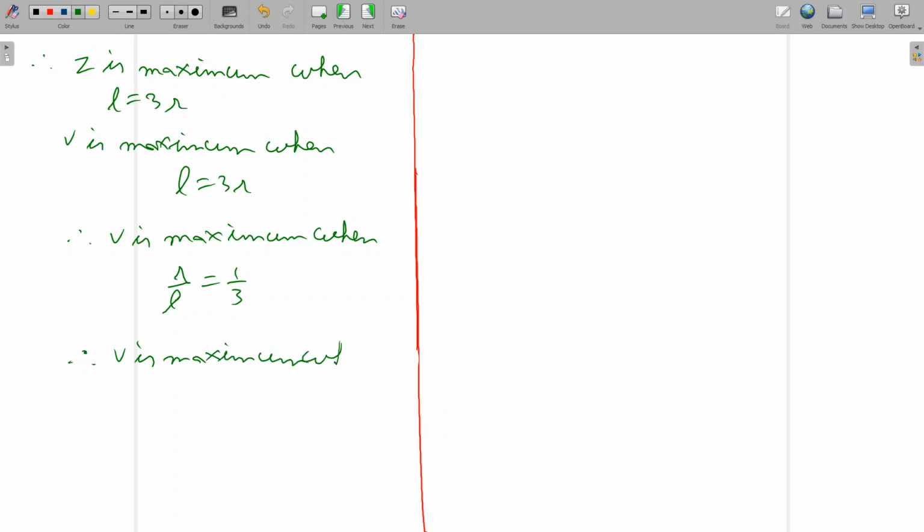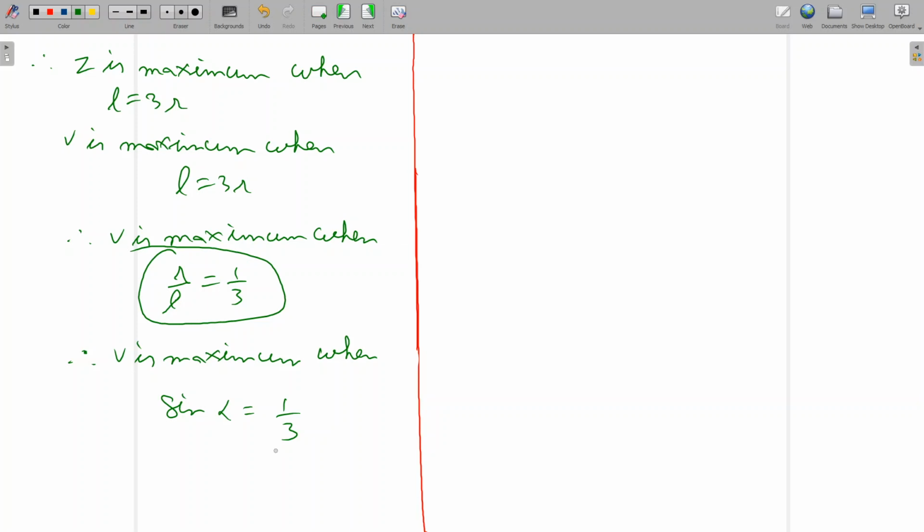And we have seen that R by L is nothing but sine alpha. So V is maximum when sine alpha equal to 1 by 3. So this R by L, if you see the figure, you will see that R by L is sine alpha.